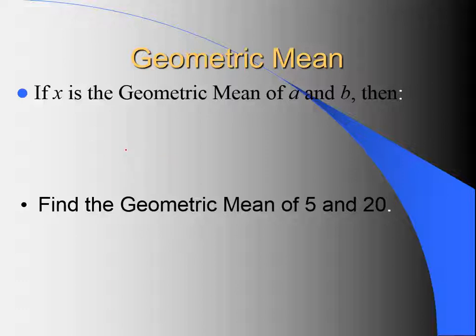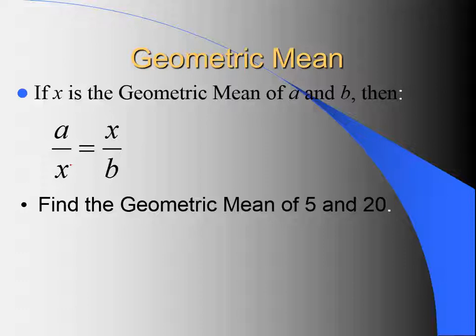Okay, again, if x is the geometric mean that we're looking for of two numbers a and b, we're going to set up a proportion. We're going to put our first number here at the top, and we're going to put our second number here at the bottom of the second fraction. And then our unknown x in the two means positions.